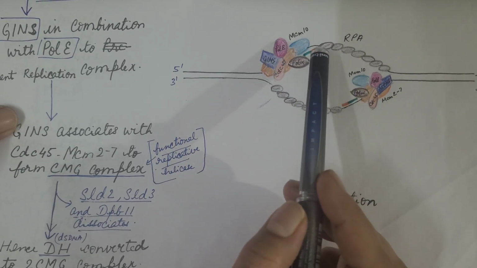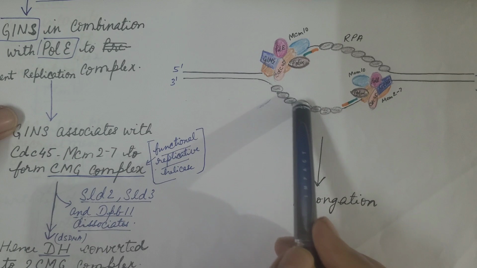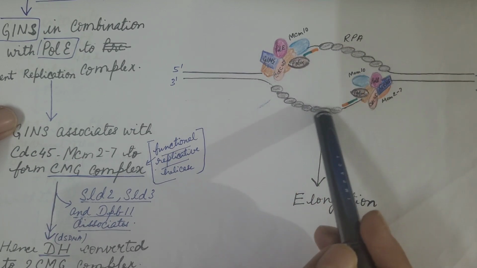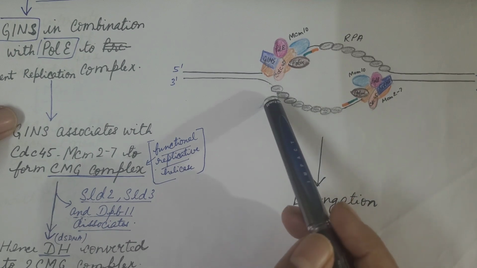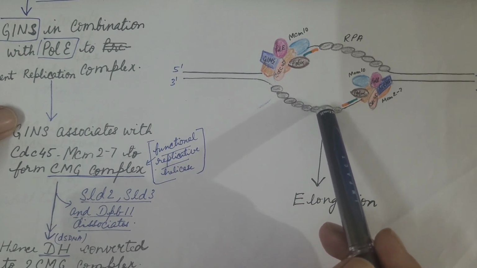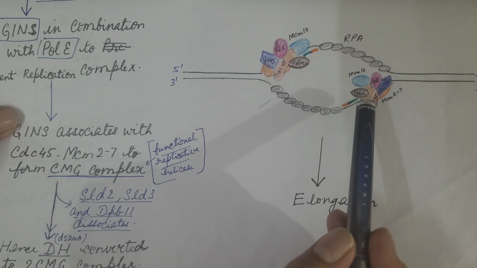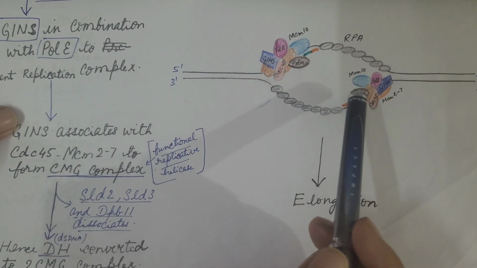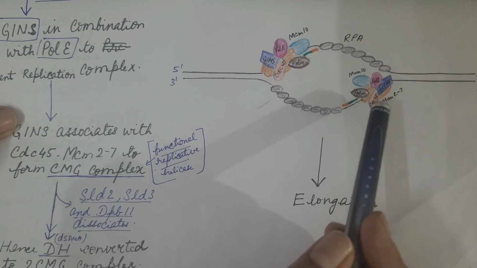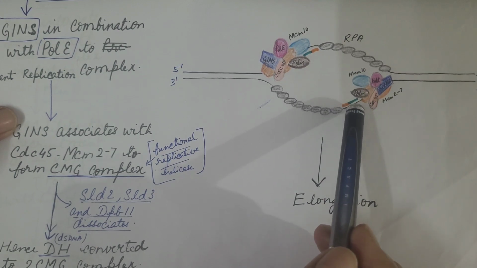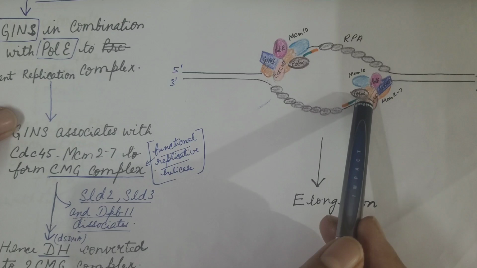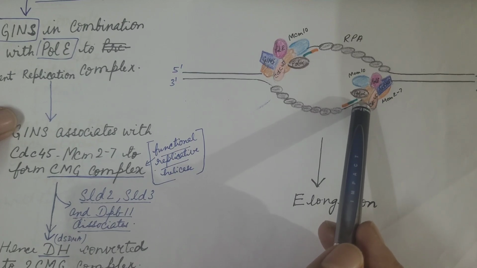It facilitates the recruitment of RPA, the single strand binding protein, which stabilizes the single-stranded DNA resulting from the unwinding. Also, DNA polymerase alpha is recruited. It synthesizes a stretch of RNA primer, in orange color, followed by the synthesis of a stretch of DNA, in green color.